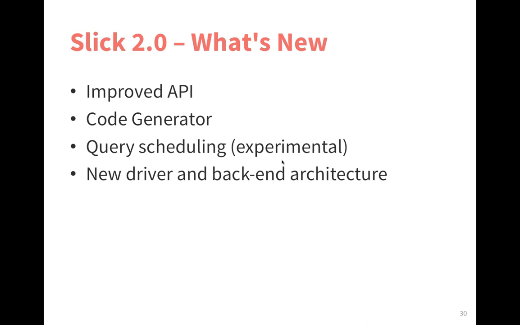We also have the new driver and backend architecture. I already showed you the hierarchy for the profiles that we have now, and along with that comes a hierarchy for the backends. So when you use this database object in the beginning to get a database connection, this is also configurable. This is specific to JDBC, of course. We said database.forURL.